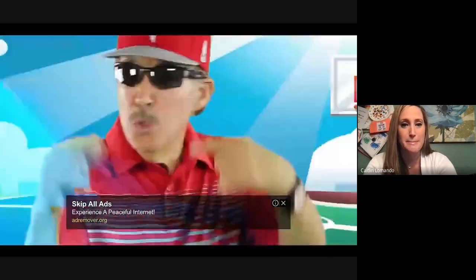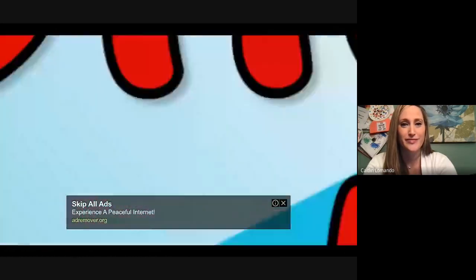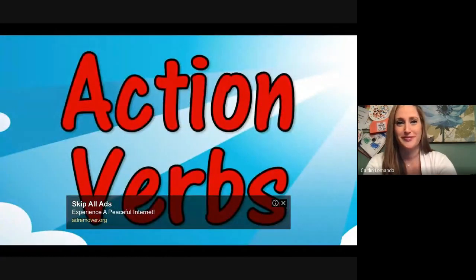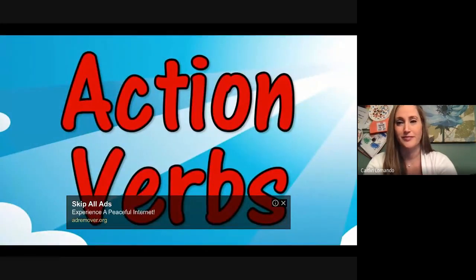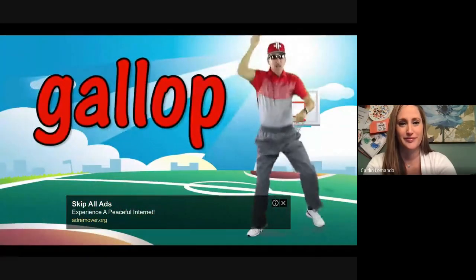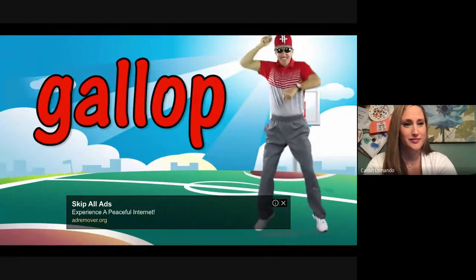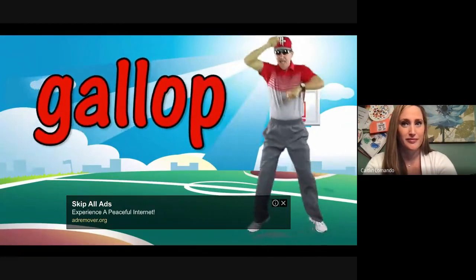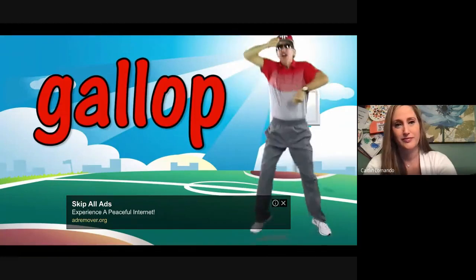Action verbs, you see them when you read. Action verbs, you use them when you write. Action verbs are so cool. Action verbs make me want to move. Gallop, gallop is the word. Gallop, gallop is an action verb.